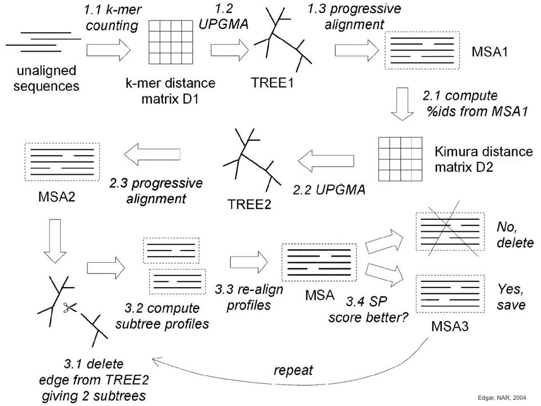The underlying sequences are organized in a k-mer distance matrix. Then hierarchical clustering is applied using the UPGMA method. Progressive alignment is being applied, and then another distance measure is generated from that multiple sequence alignment. Another clustering step is applied, giving tree 2, and again progressive alignment is being applied.